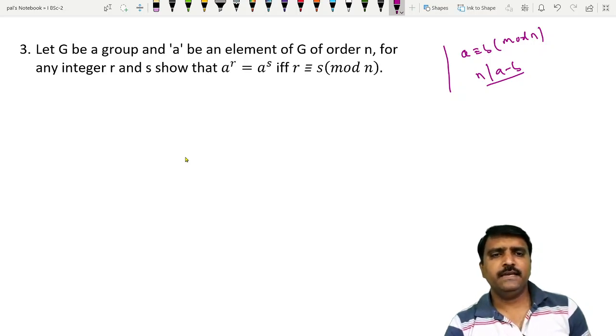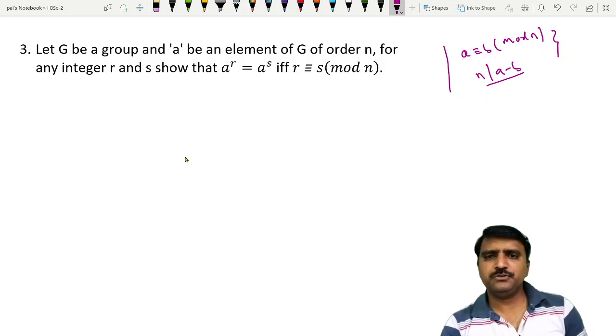In simple format, here we have to show this result: R is congruent to S modulo n when A to the power of R is equal to A to the power of S. So to prove this, you take a group G.